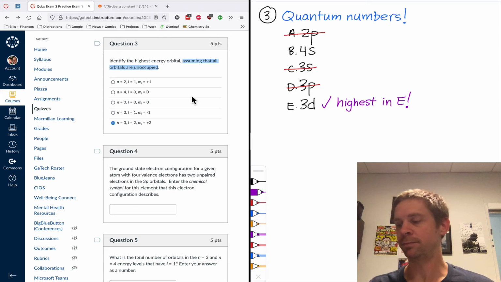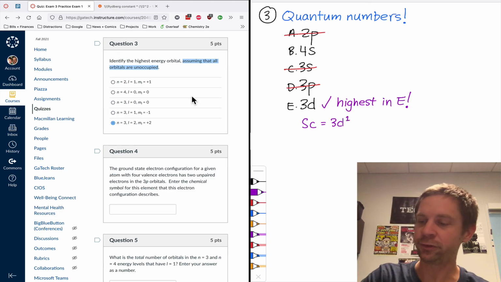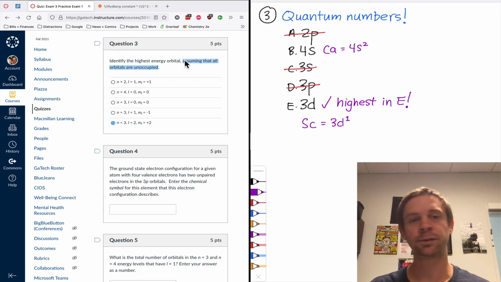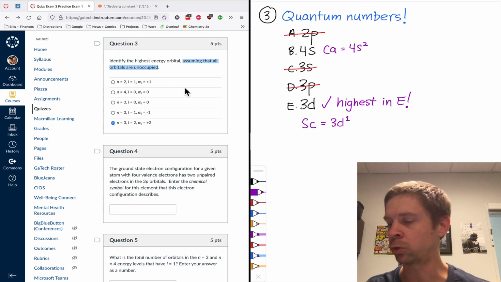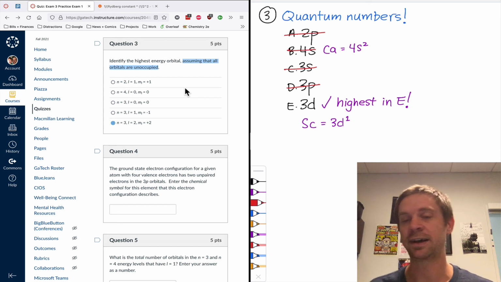So scandium is the first element that has a 3d electron, and it is 3d1. Calcium, that comes right before it on the periodic table, is 4s2 with no d electrons at all. And that, combined with this important note that we should assume all orbitals are unoccupied, tells us that under those circumstances, the 3d orbital will be the highest in energy.